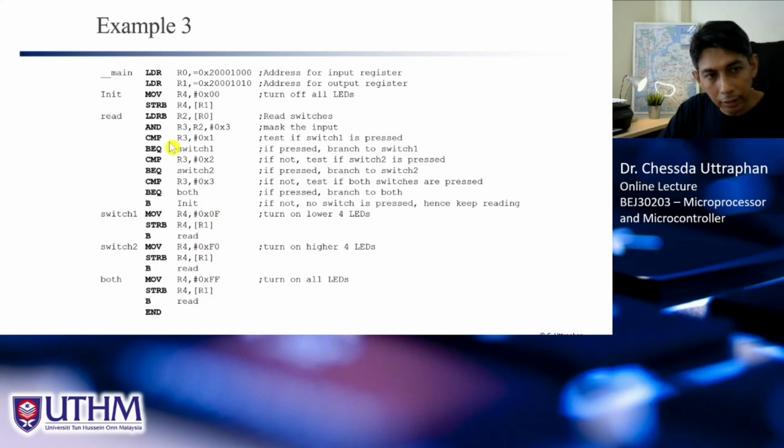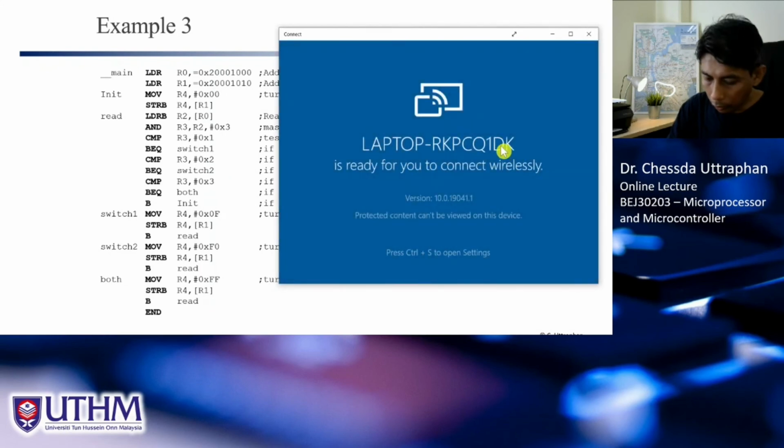But if switch 1 is not pressed, it means that the value inside R2 is not equal to 1. It can be another value. Maybe switch 2 is pressed, or both, or none. So it will skip this and compare with 2. When you compare with 2, you are checking whether switch 2 is pressed or not.